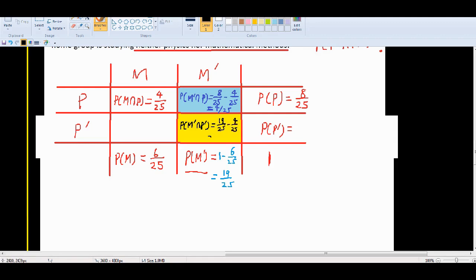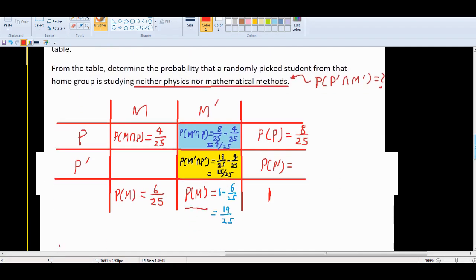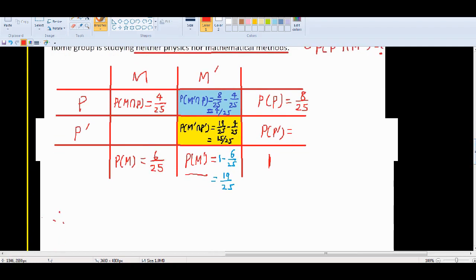So it would be 15 over 25. Alright, so we could answer the question now. Therefore, the probability of neither physics nor mathematical methods is 15 over 25. When you simplify it, 3 over 5, that's it.